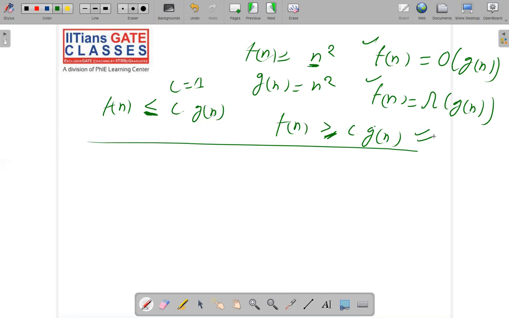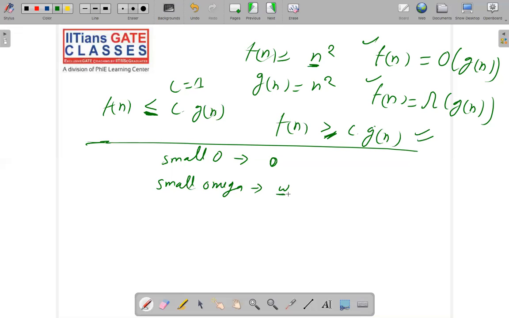Okay. Now there are two more notations. Before going to theta notation, let me give you two more, which is small o, and small omega, which is notated as small w.